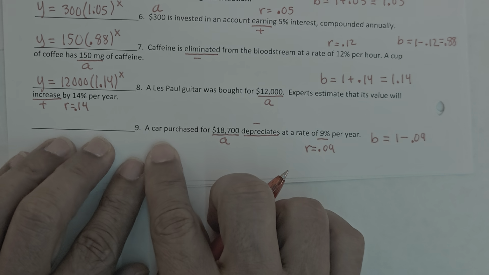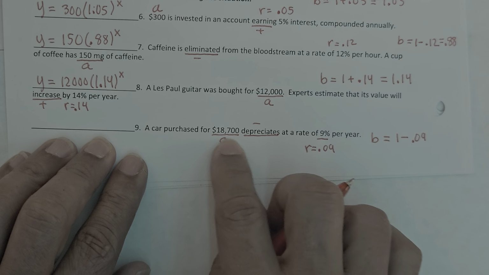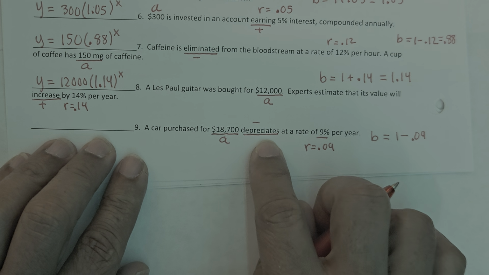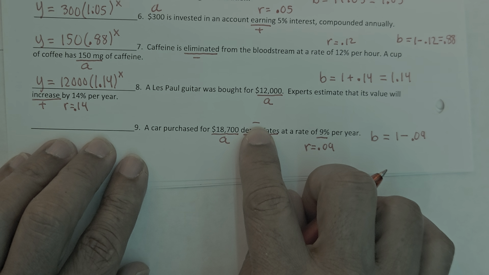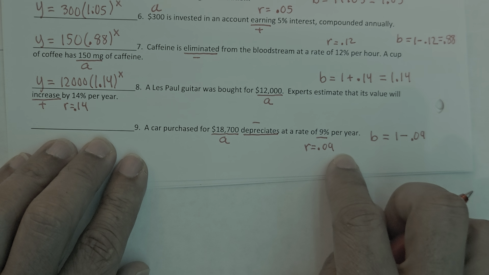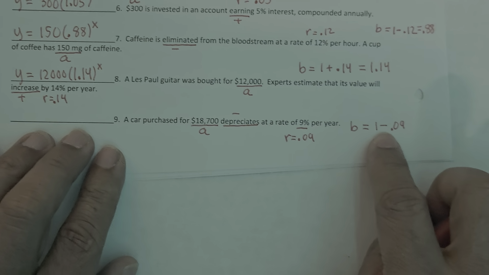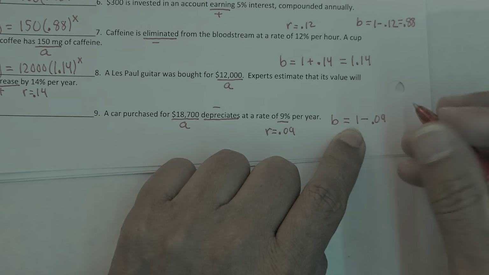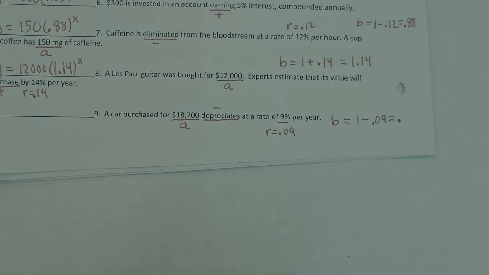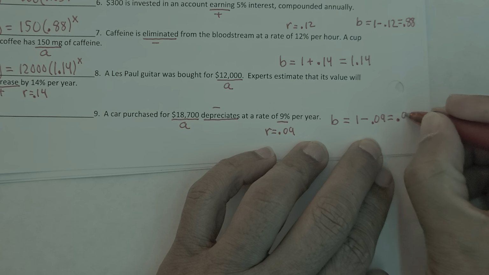The last example, a car is purchased for $18,700, so that's the initial amount, and it depreciates, so that means you subtract the rate from 1, at a rate of 9% per year. So then the rate is 0.09 when you convert it to decimal. So b is equal to 1 minus 0.09, which is equal to 0.91.